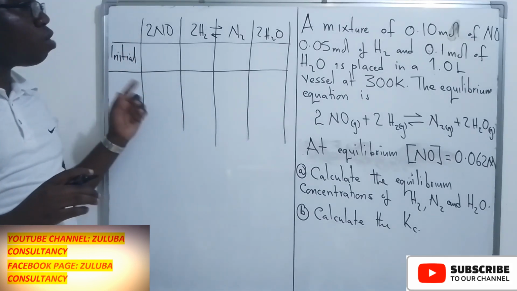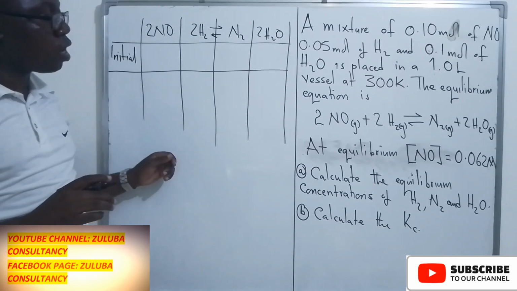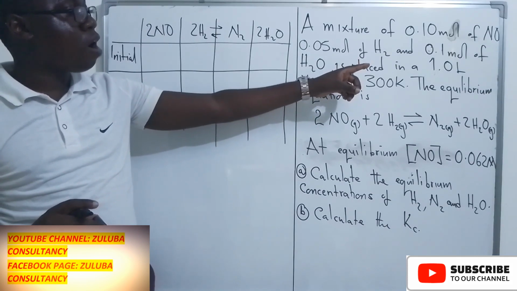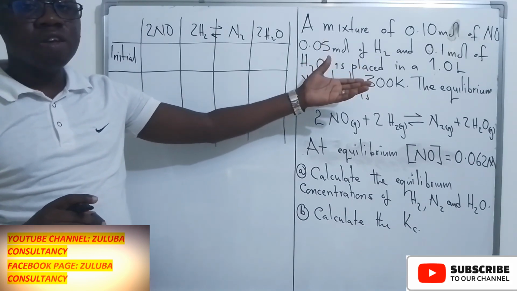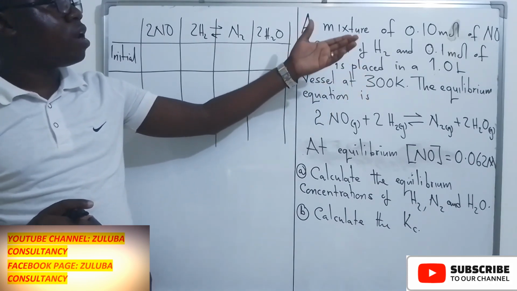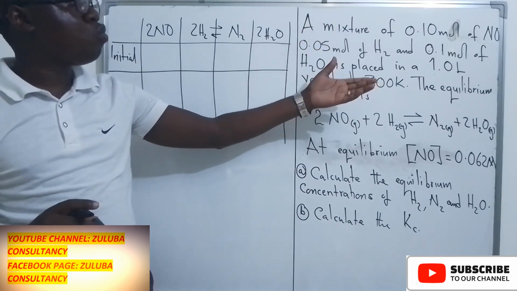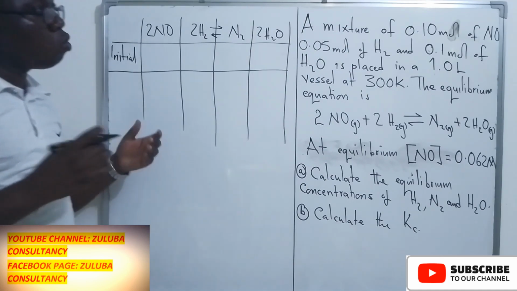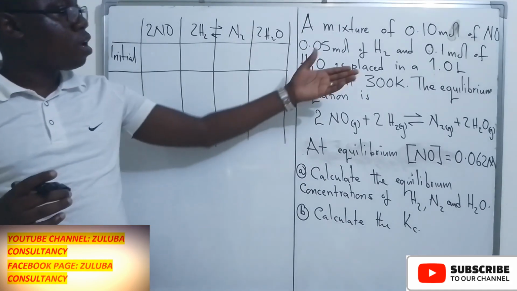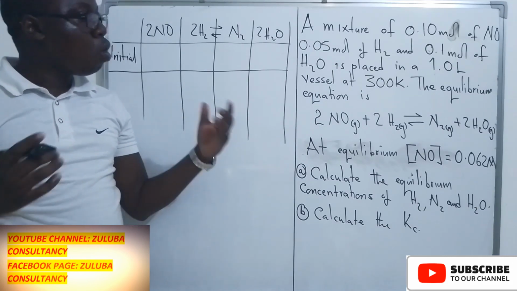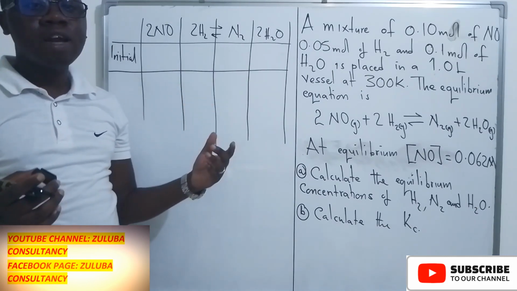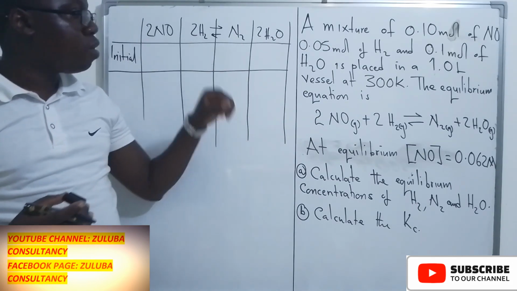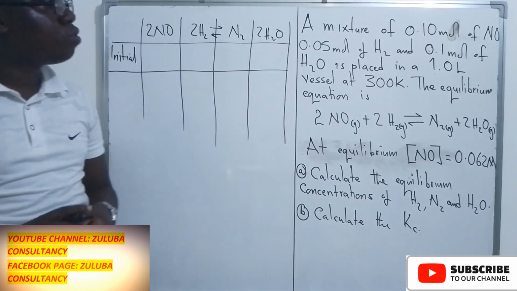Why are we saying 0.1 is the initial concentration? It's because the vessel which we have is a 1 liter vessel. So this simply means the number of moles divided by 1 gives us the concentration, which is 0.1. If the volume of the vessel was 2 or any other number, we would have first divided the number of moles by the volume to get the concentration.